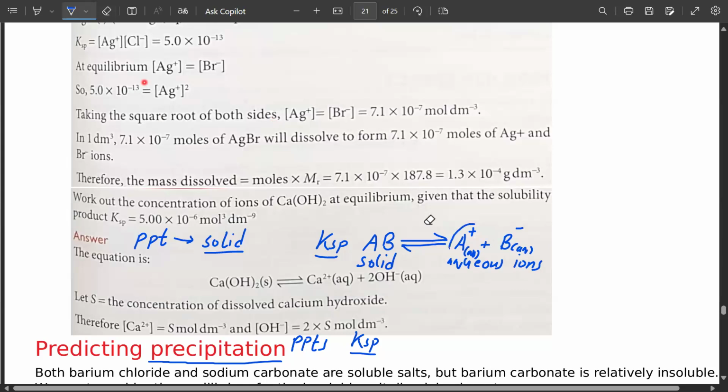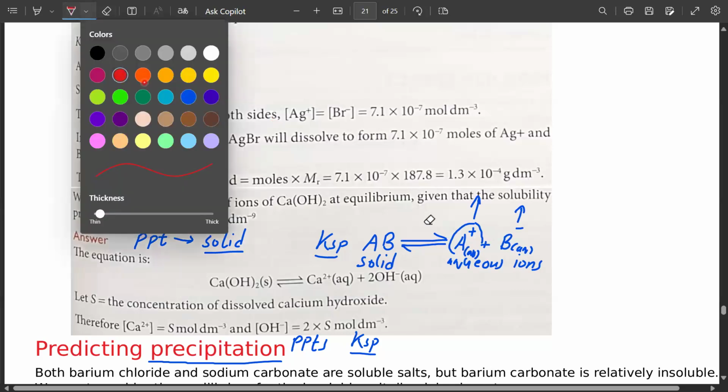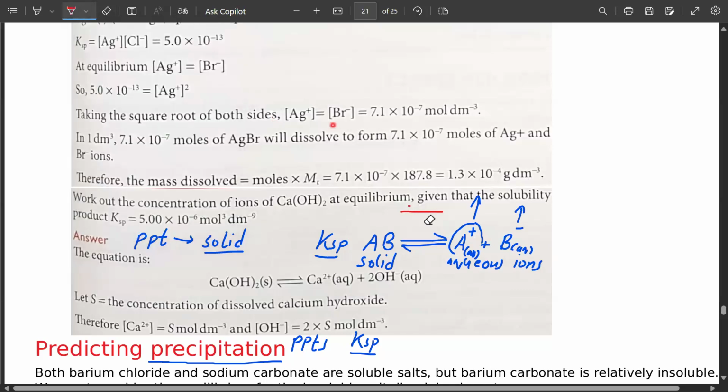What if we have more amount of these ions, either the A positive ion or the B negative ion? It would shift the equilibrium towards the left side. Yes. According to Le Chatelier's principle, if we increase the amount of the A positive ion and B negative ion, it will shift the equilibrium towards the left side.